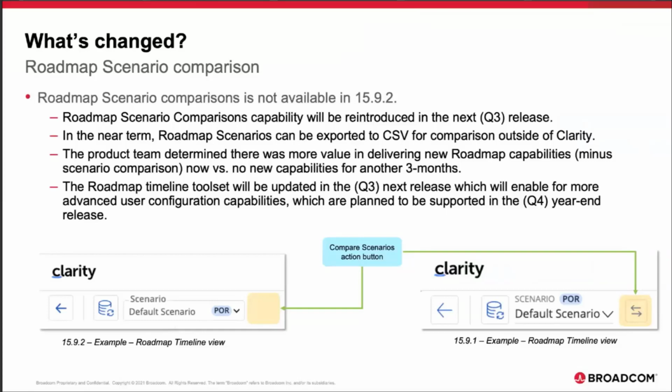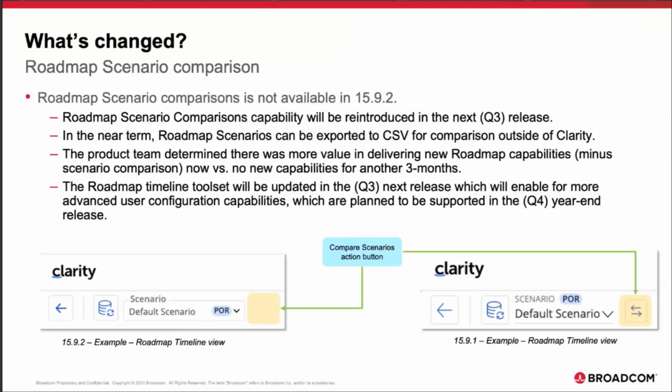In addition, the roadmap timeline toolset, where comparisons is represented, will be updated in this next release cycle. Just like the task timeline has been updated, the roadmap timeline will be updated to this new capability, which will set us up for more advanced user configuration capabilities, such as putting milestones or things like that on the timeline.